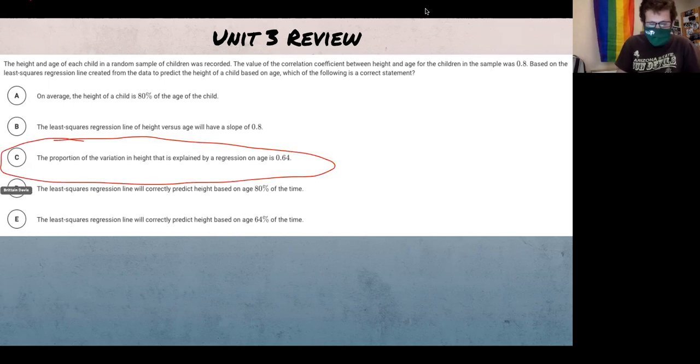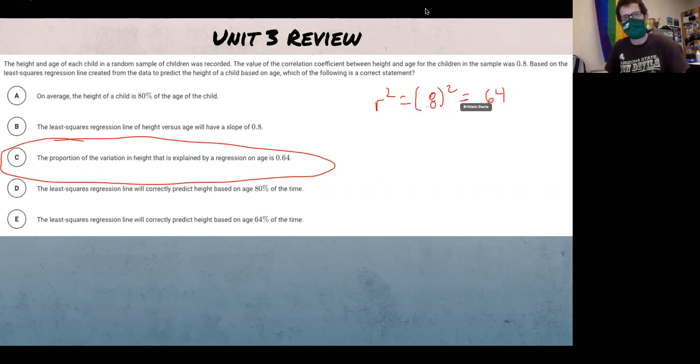The proportion of variation in height that is explained by regression on age is 0.64, because our R squared value is going to be 0.8 squared, which is 0.64. And like we were talking about with coefficient of determination, this is the percent of the variation in our response variable, in this case height, that is explained by the explanatory variable, which is age, or is explained by the model.